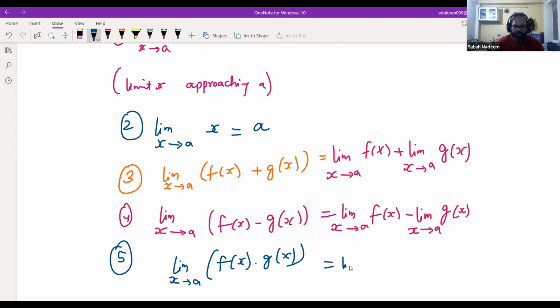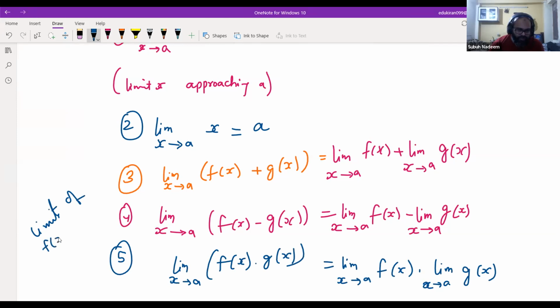So this will be limit x approaching a f of x separately into limit x approaching a g of x separately, keeping in mind that the limits of f of x and g of x exist at x is equal to a. Then only we can apply these properties.